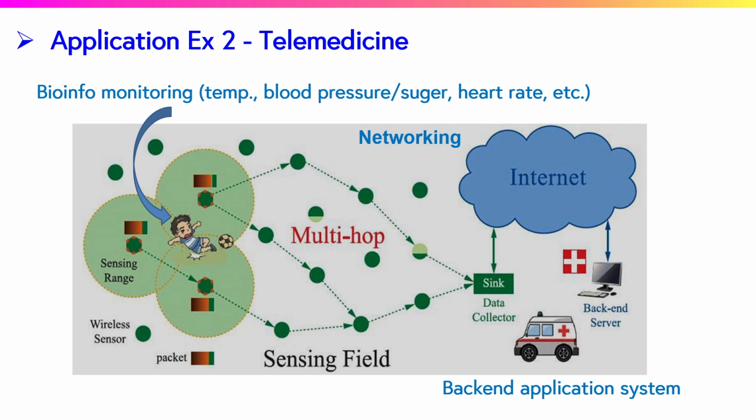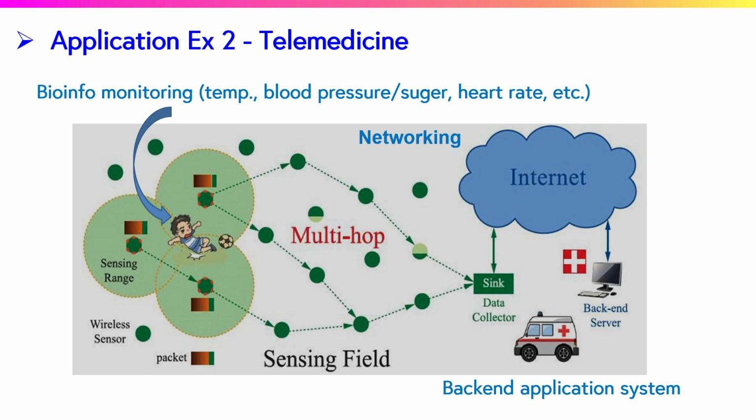It's probably not a good example for this application. Basically, telemedicine can be applied to chronic disease patients, which would be better, or to the elders. And the last one we apply to the kids. But anyway, this is an example.